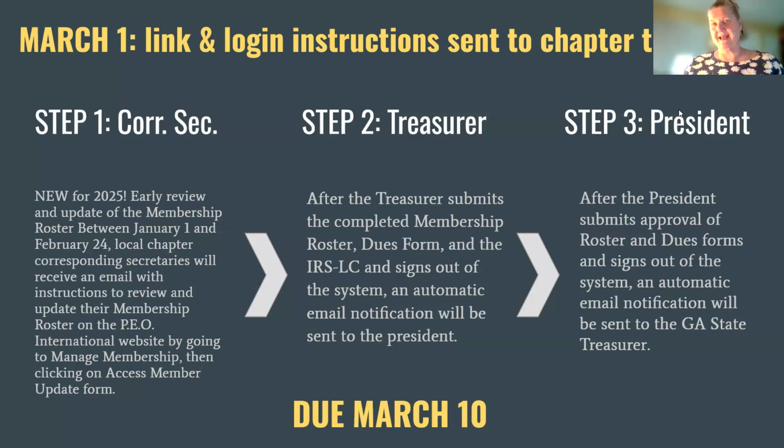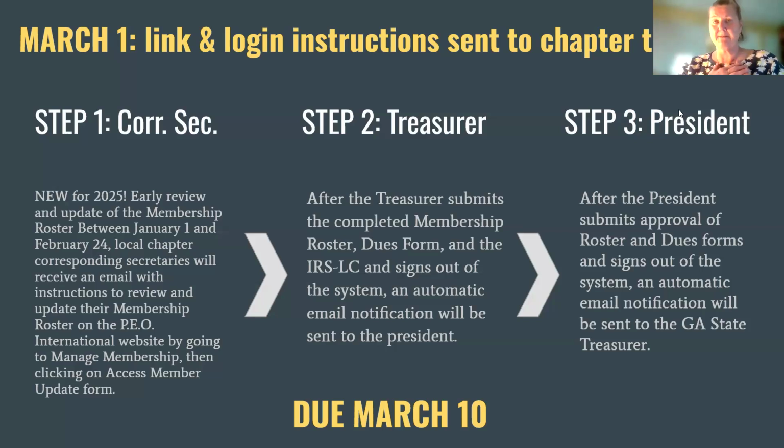Here is the problem I have with several people. They hit submit and it went to the president, but on the left-hand side, it said sign. So it's very important that you sign it and then submit it. And the same thing with the president. She had it, she hit submit, but didn't sign it.